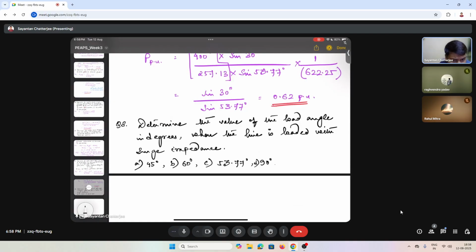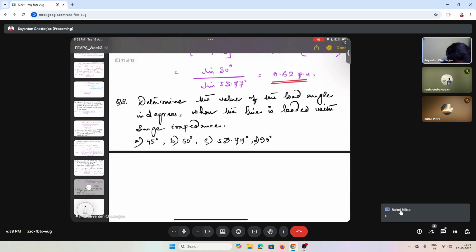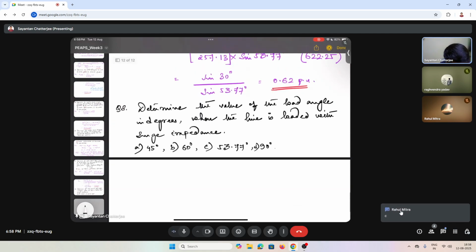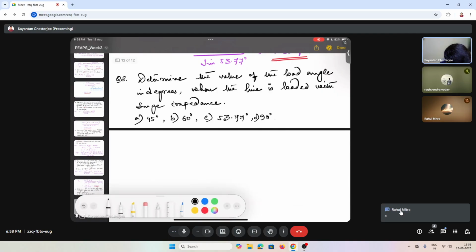So simple question. So C is the correct answer.